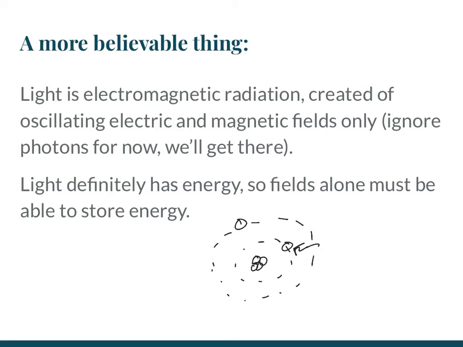If light hits the electron, it can absorb it if it's the exact right energy and jump up into a higher energy state. Or it can jump down to the lower ring and release energy. That's because the light, the electromagnetic waves, can store that energy and move it somewhere else.